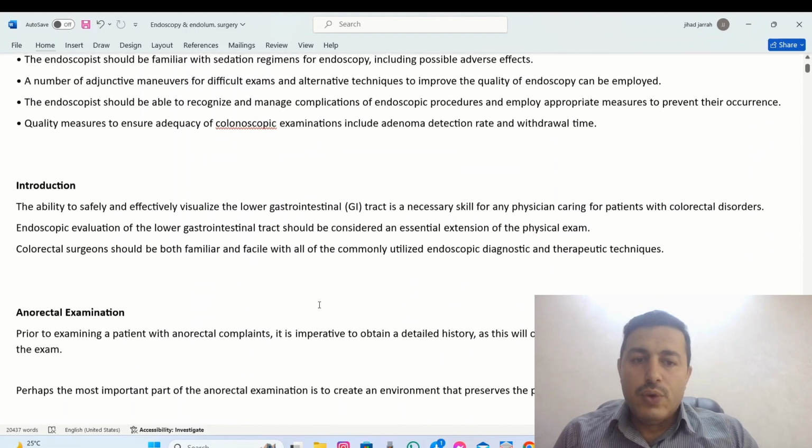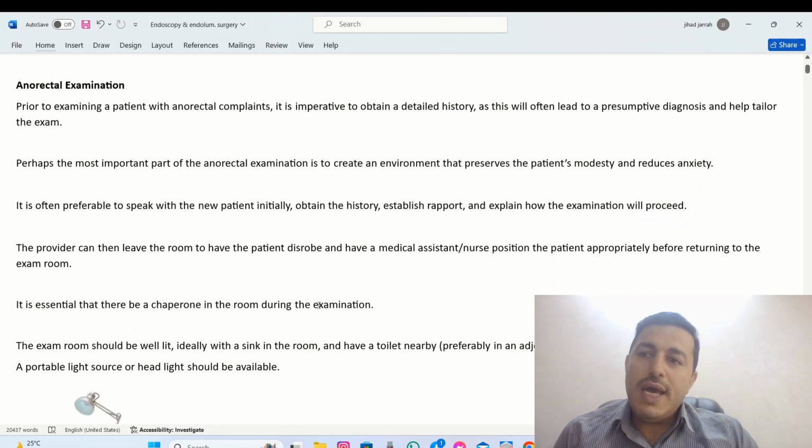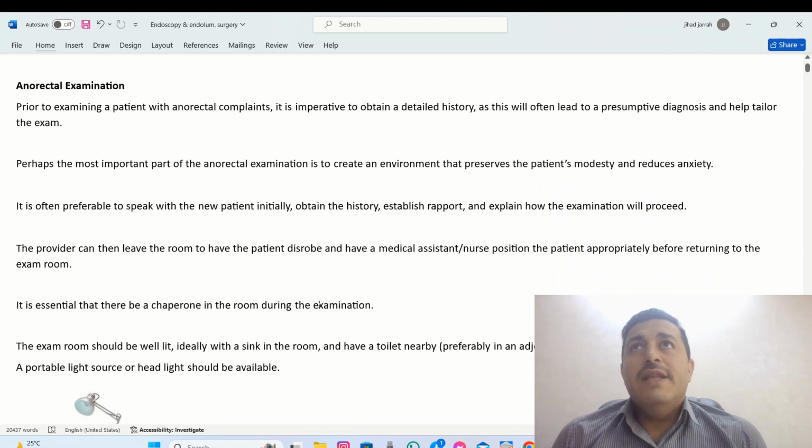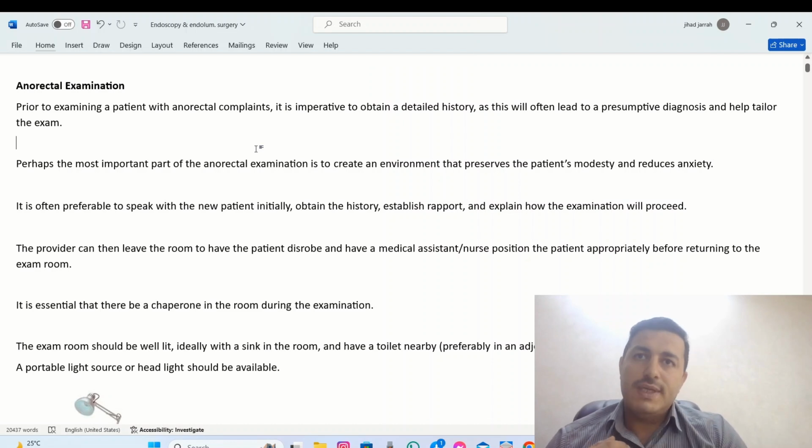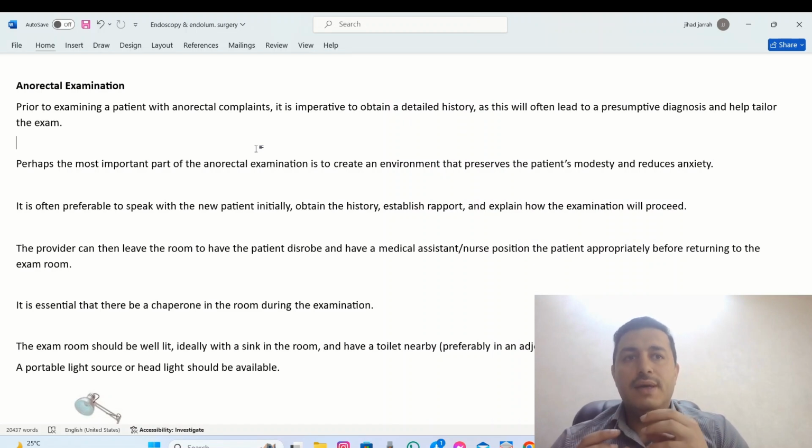To start with the endoscopic approach, we have to learn how to perform an anorectal exam properly. Before proceeding to any endoscopic procedure, whether colonoscopy, sigmoidoscopy, anoscopy, or proctoscopy, we have to start with an anorectal examination.